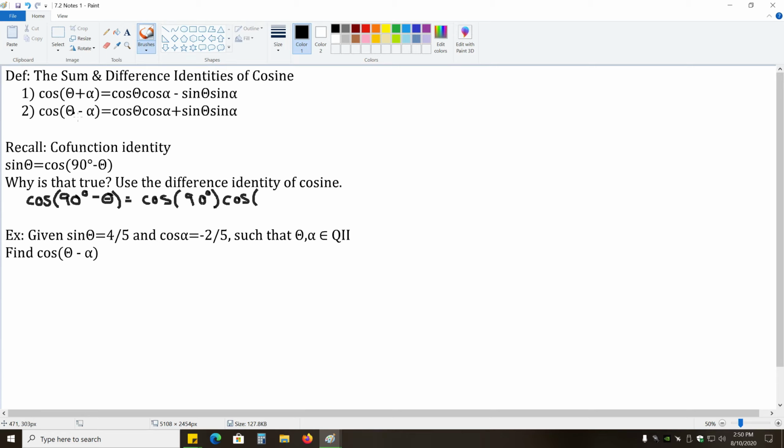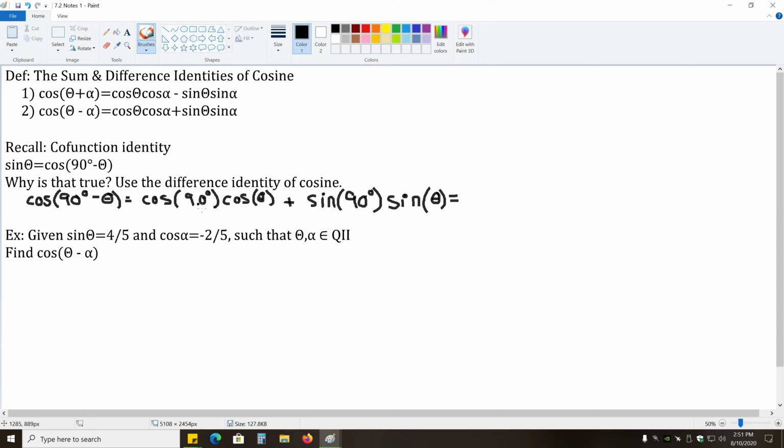Just remember first angle, second angle. So we have cosine of 90 times cosine of the second angle, which in our case is theta, plus sine of the first angle, which is 90, times sine of the second angle, which is theta.